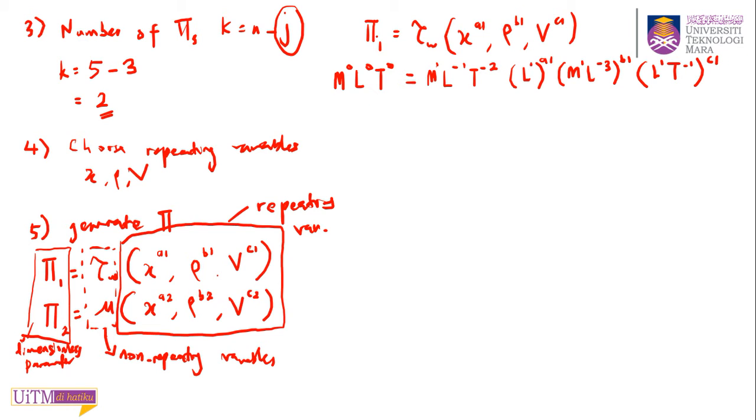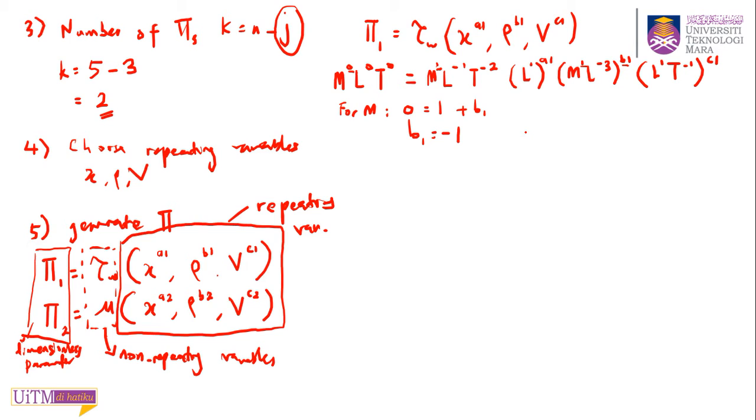Okay, now you will solve the exponential equation for each primary dimension for M, L and T. So we do one by one for M. Okay, for M, 0 equal to M1, 1, plus there is none, plus 0, plus this one M1 times B1, so you will have plus B1, and this one has no M also, so 0, so you will have B1 equal to minus 1.